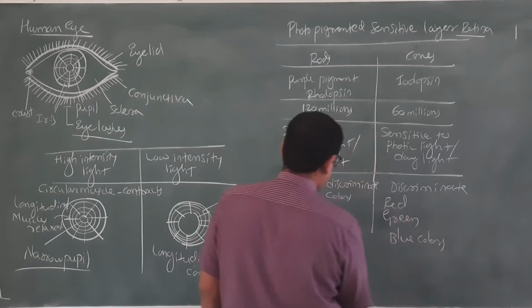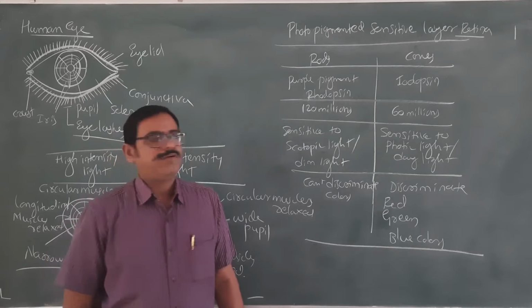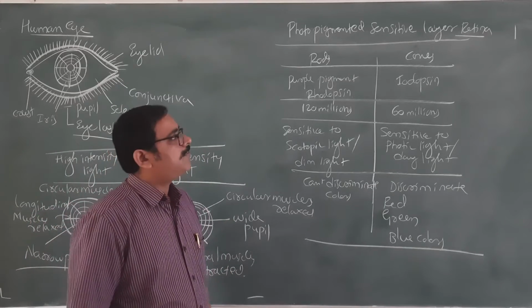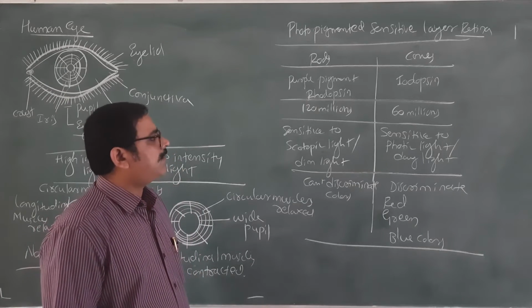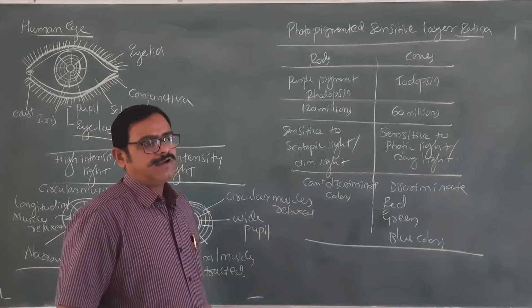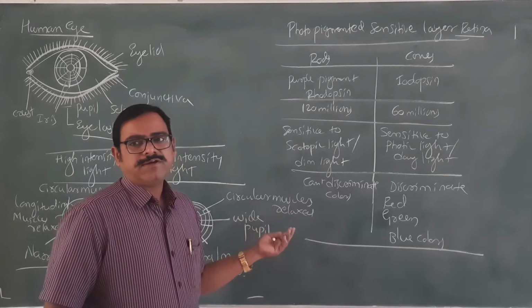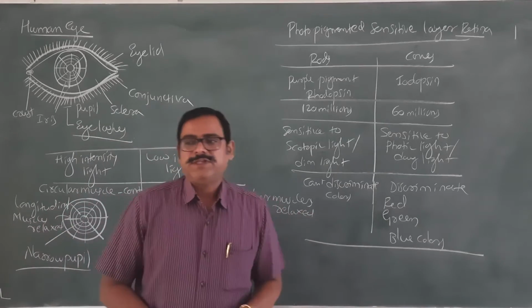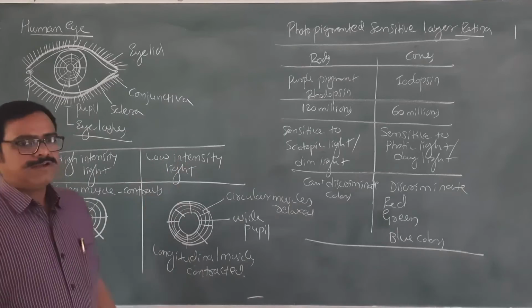So these are a few basic differences between rods and cones. Rods are cylindrical, rod shaped, cones are cone shaped. But cones are essential for color vision, whereas rods are essential for bright or dull images. So these are the basics of rods and cones.